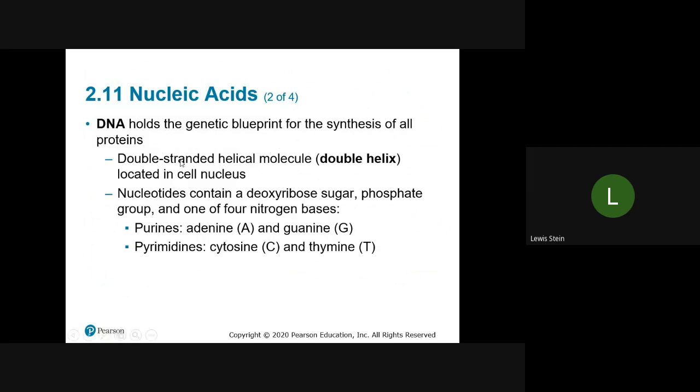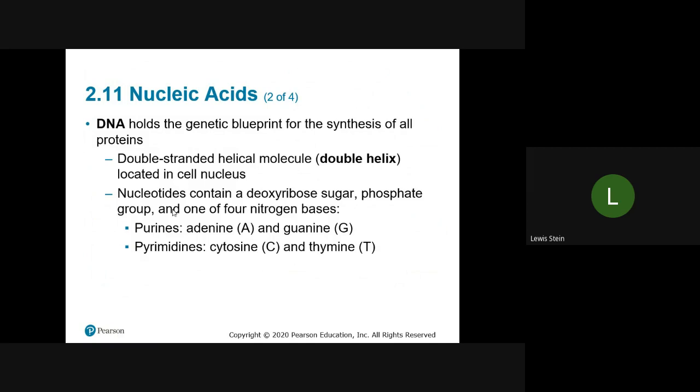So what DNA inherently forms, if we take a repeat unit of deoxyribose, and you'll see the illustrations, and a phosphate, okay, and classically we see them in the nucleus of the cell. It's not the only location, also in something called mitochondria. Contain a deoxyribose sugar, a phosphate group, and very famously, one of these 4 nitrogenous bases.